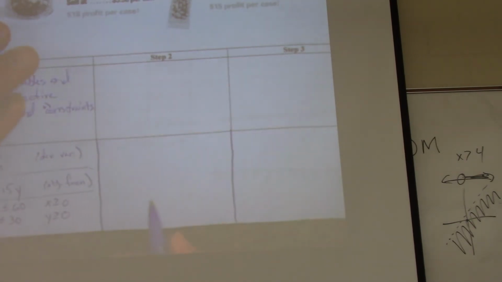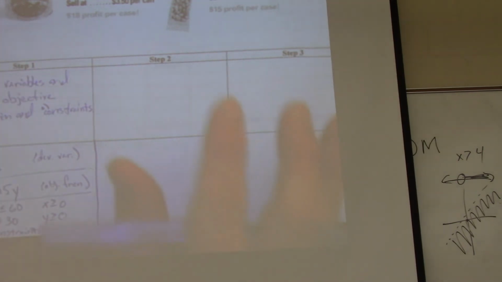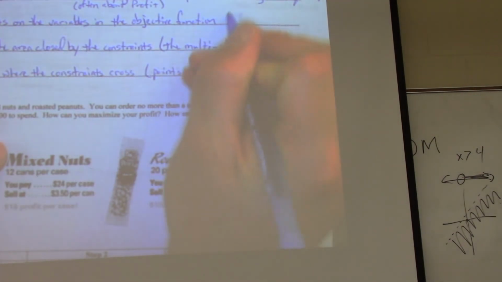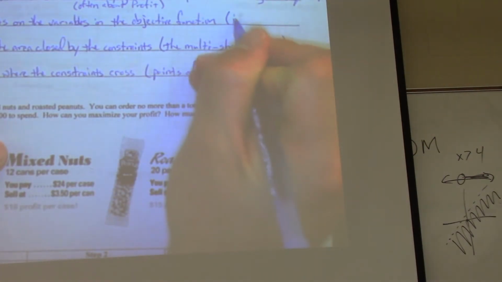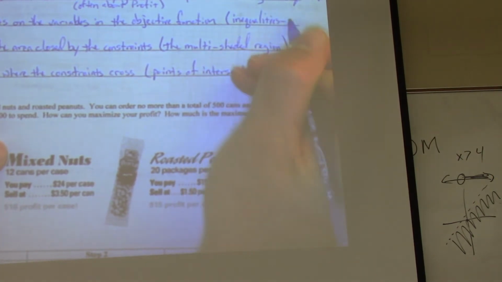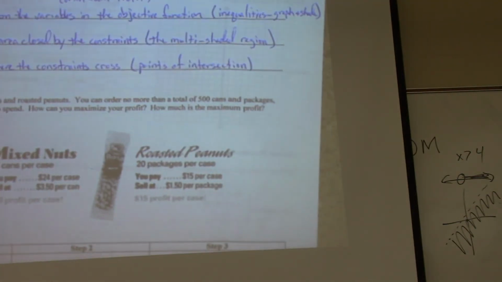All right, there's step one. This, by the way, is called our constraints. You know what, I'm going to do something I haven't done before. Go back up to constraints, up above, that third definition, and let's write in parentheses here: inequalities, graph and shade.